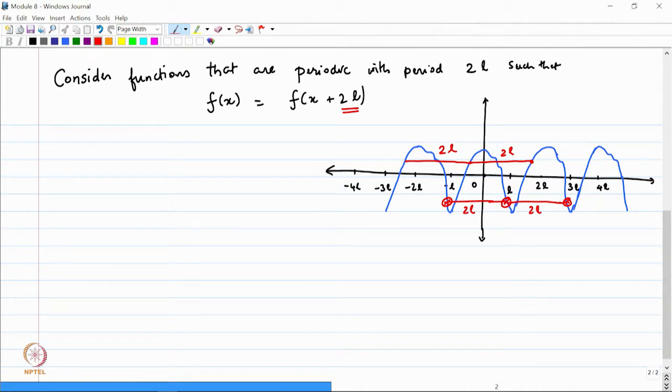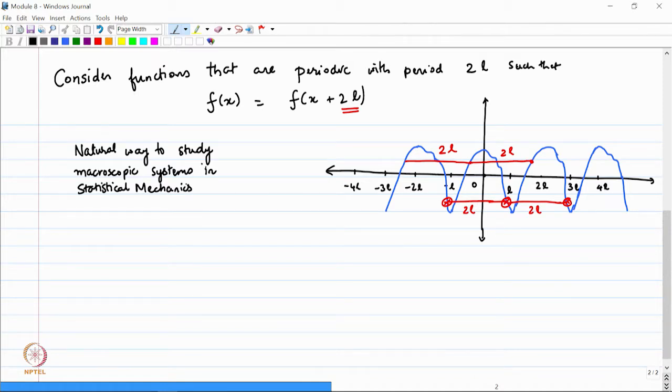These periodic functions appear very naturally in a lot of places. They are a very natural way to study, let us say, macroscopic systems in statistical mechanics.